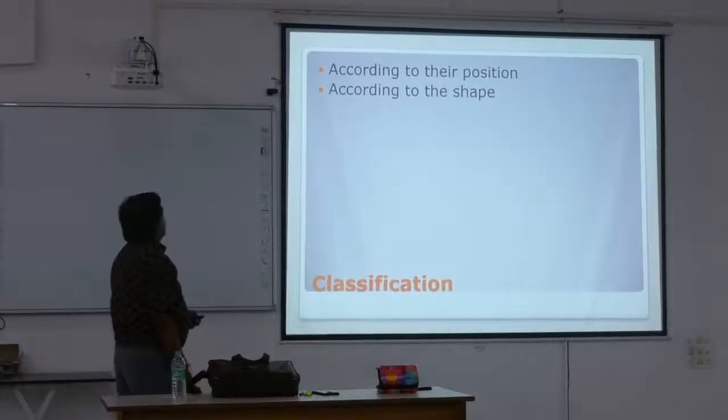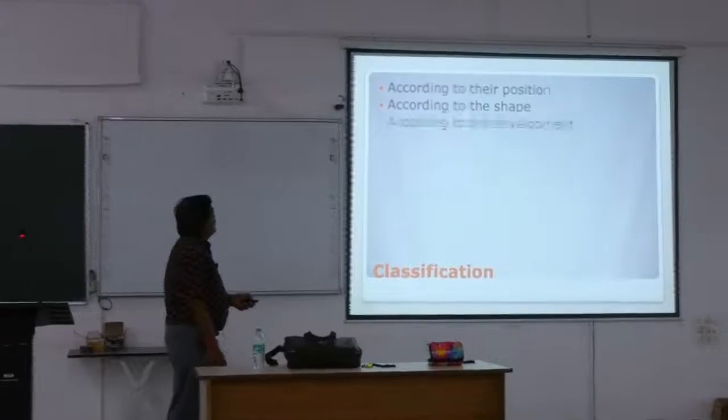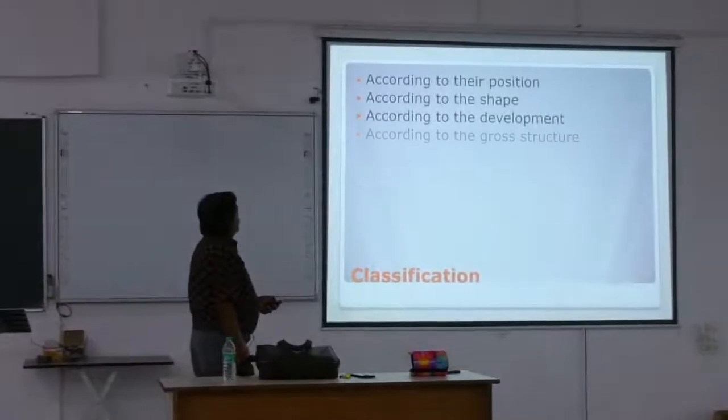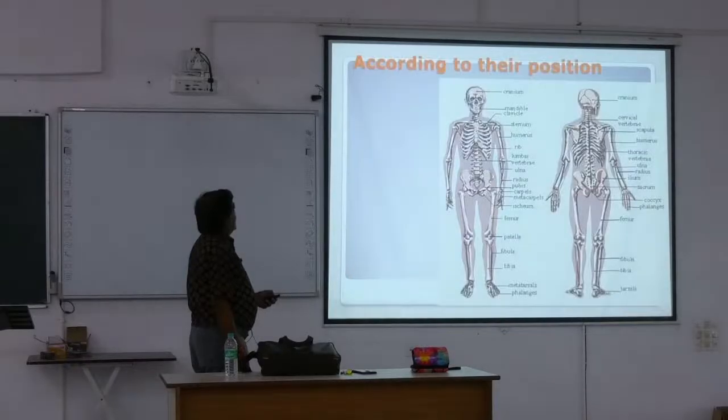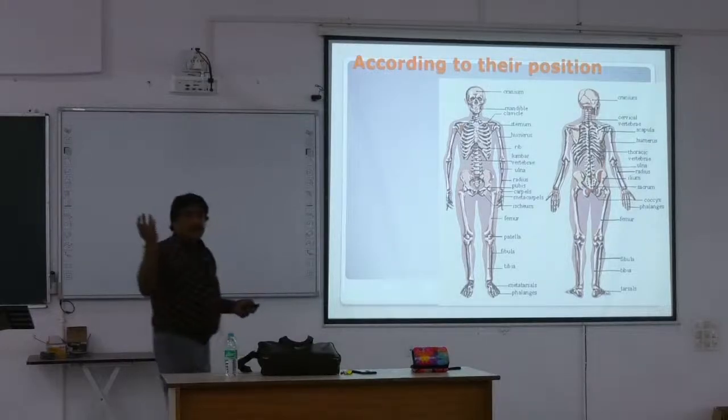According to their position, according to their shape, according to the development, according to the gross structures, according to the microscopic structures, according to their position: the cranium, the mandible and the clavicle, the sternum, humerus, ribs and lumbar vertebra, the radius and ulna.